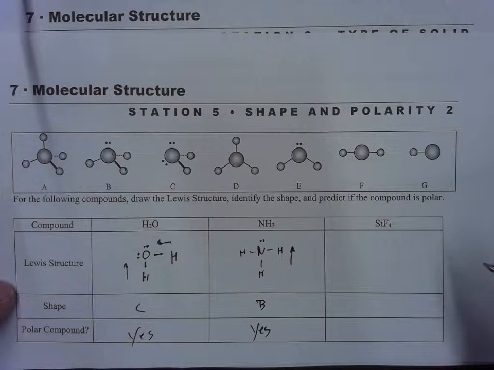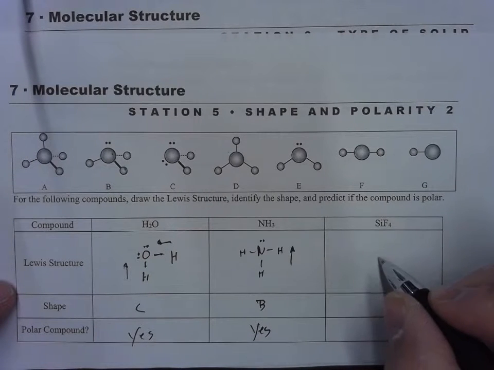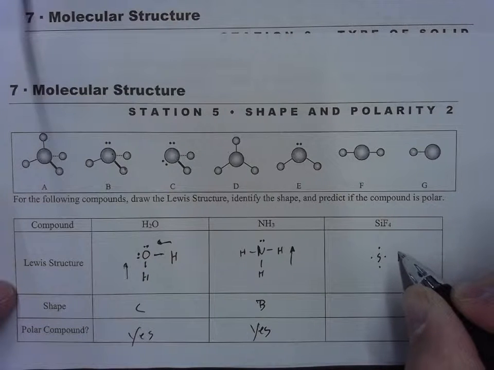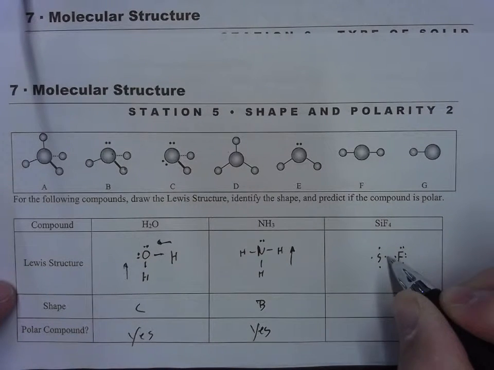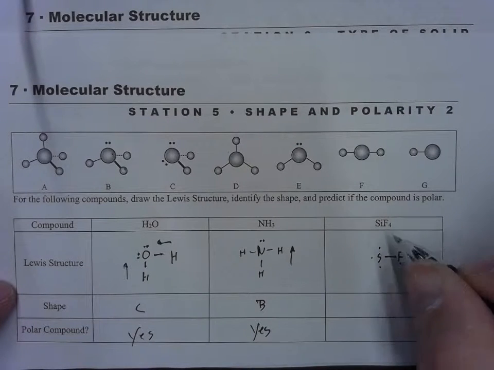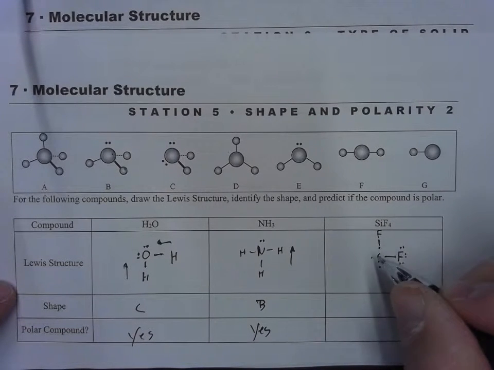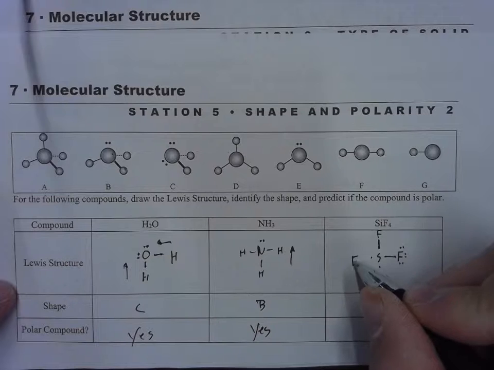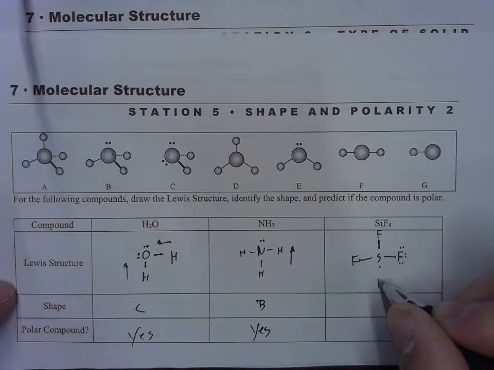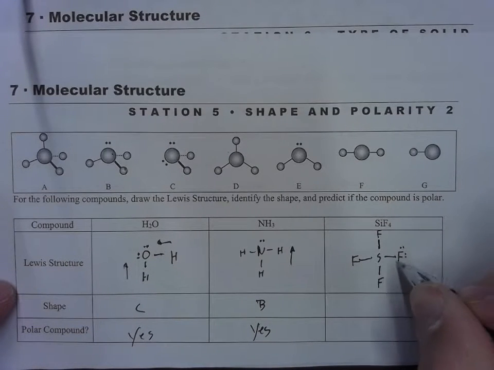Silicon tetrafluoride. Seems like we've seen that one too. Fluorine. And there's 4 more of these fluorines. So I'm just going to draw it like this, just to speed things along here. You can draw them all, I just didn't to speed things up.